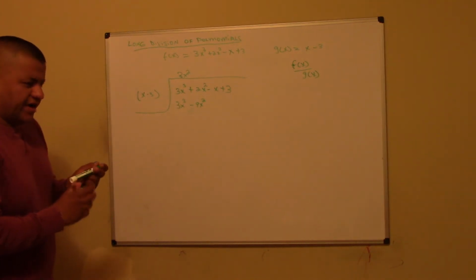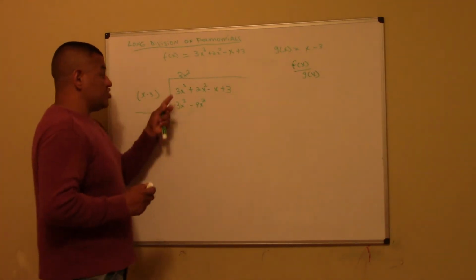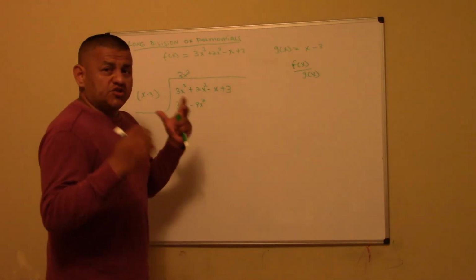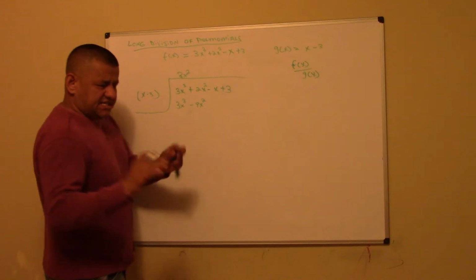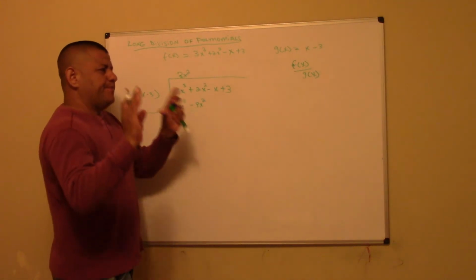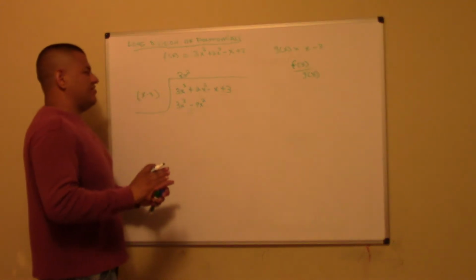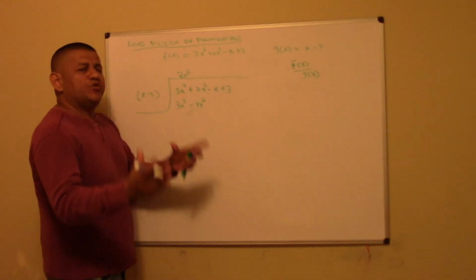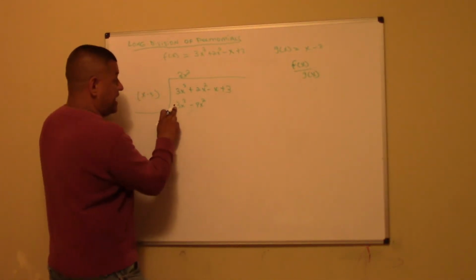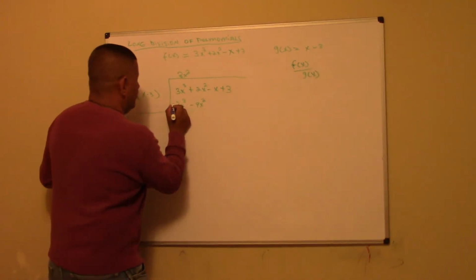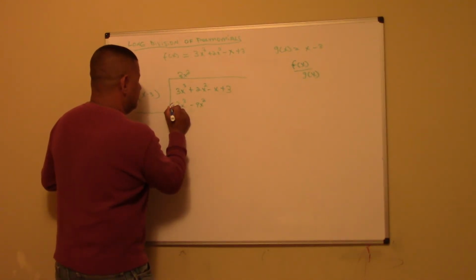This is the tricky part. I am going to subtract this. In order to subtract, I have to change the signs. Whenever I see a positive sign, I put a negative sign, and whenever I see a negative sign, I put a positive sign. In this case it's positive, so I put a negative and circle it.